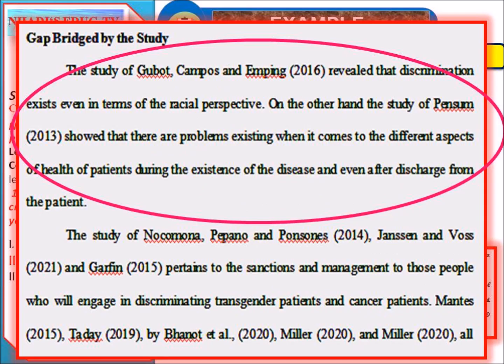Under the gap bridged by the study, here, the authors discuss the study from Gubot and Empig of 2016 about discrimination in terms of racial perspectives, as well as the study of Pensum of 2013, that even after the discharge of the patient, there is still discrimination.